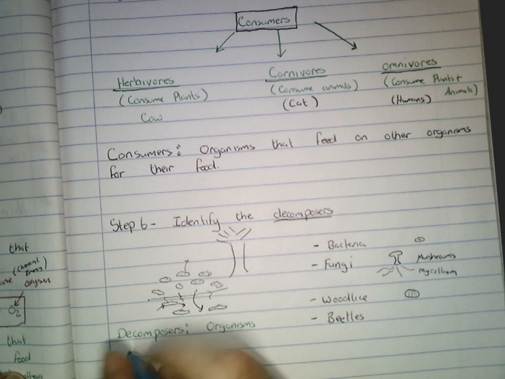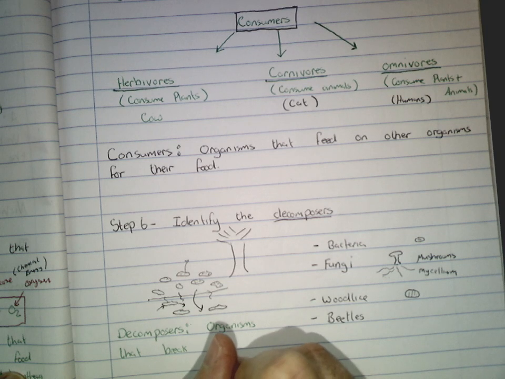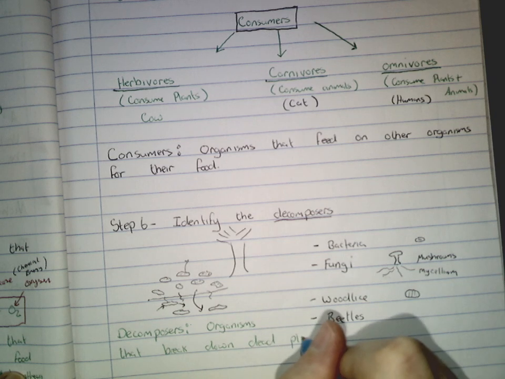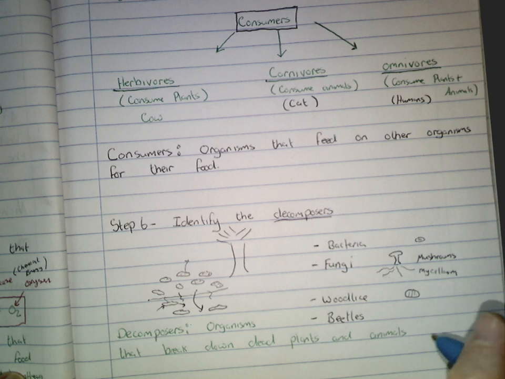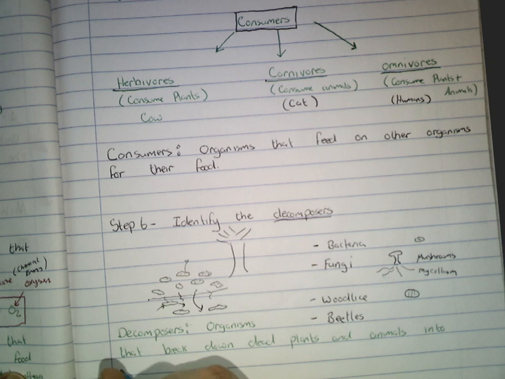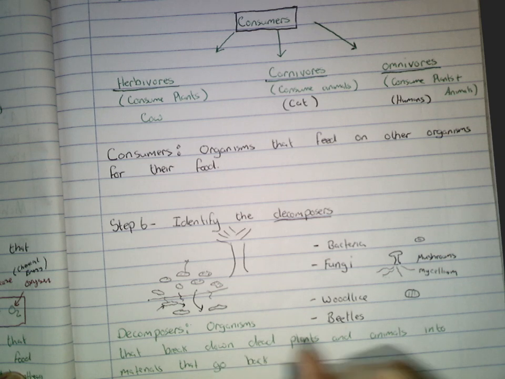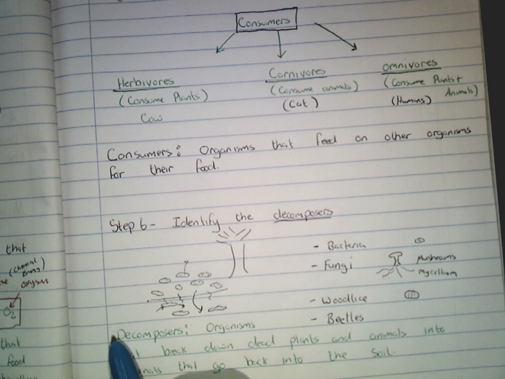So they're organisms that break down dead plants and animals into materials that can go back into the soil. So that's your definition of decomposers.